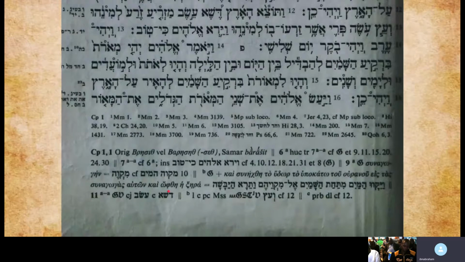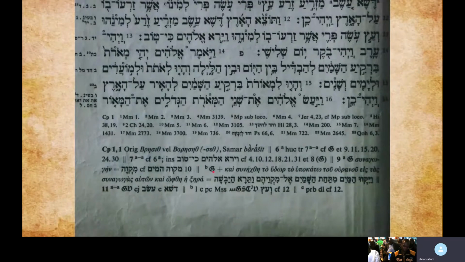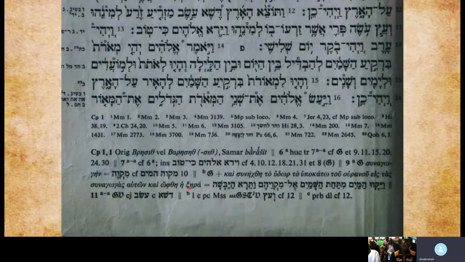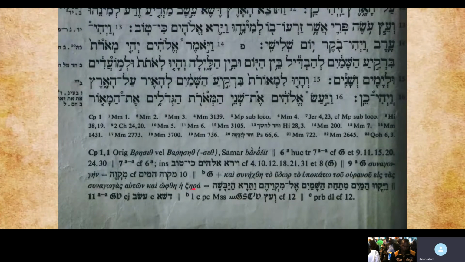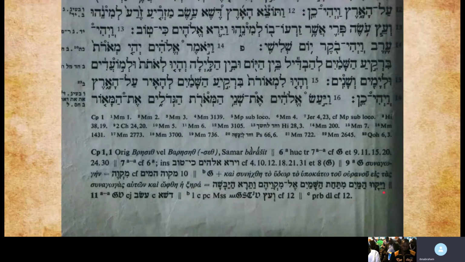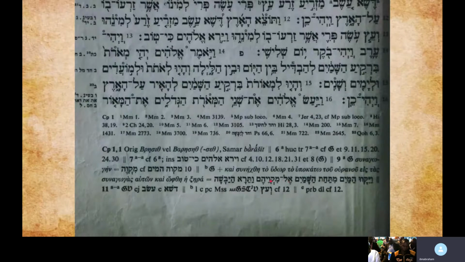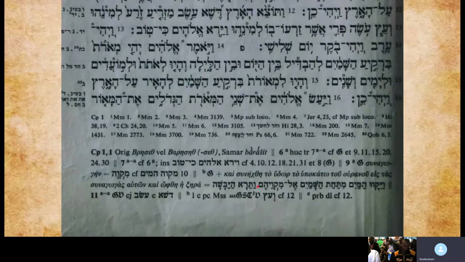The second note, note B, says in the Septuagint, there's some extra stuff. It says, kai senechthe to hidor, to hippocato, to uranos, estas synagogas auton, kai ophthe he xera, which, if you translate it in Hebrew, would be yikaveh hamayim mitachat hashamayim el mikavehem vatera'e hayabasha.